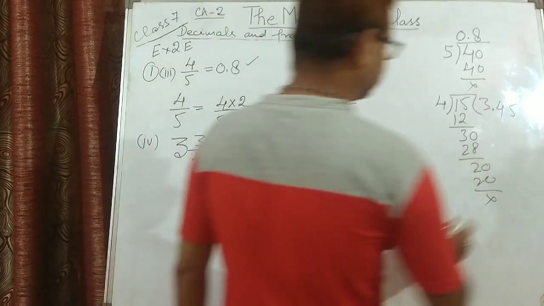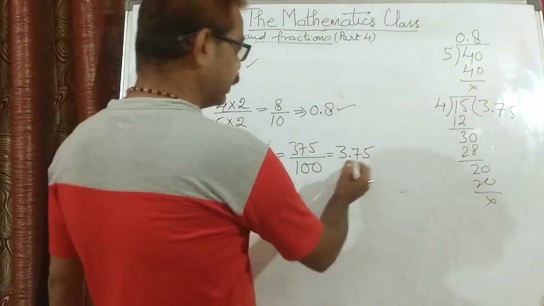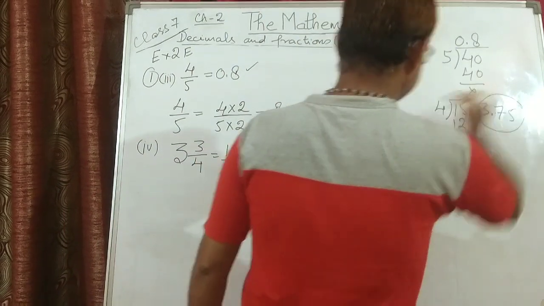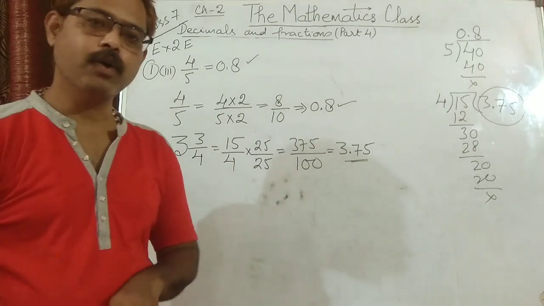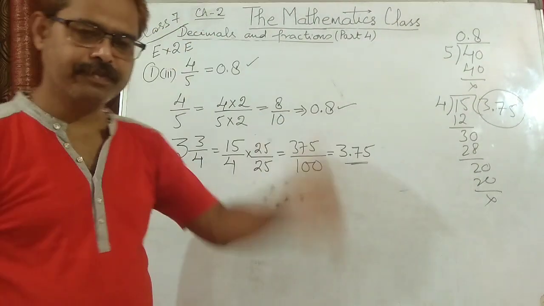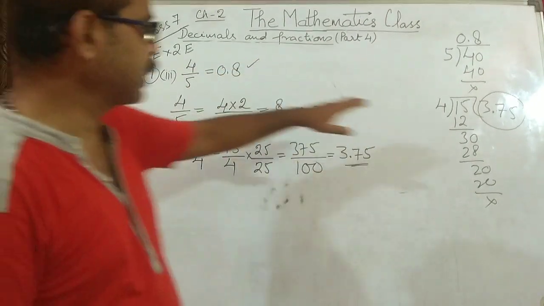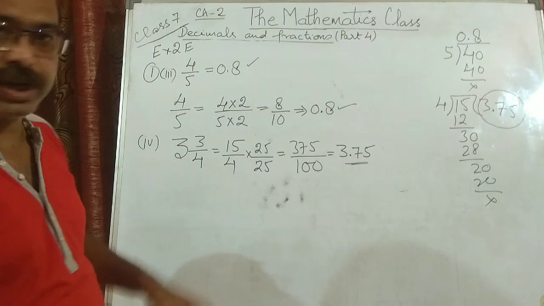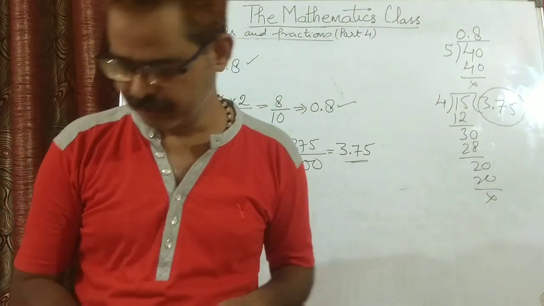So this is also the same value. There are always two methods to convert a given fraction into a decimal, either by dividing or simply changing the denominator into powers of 10.